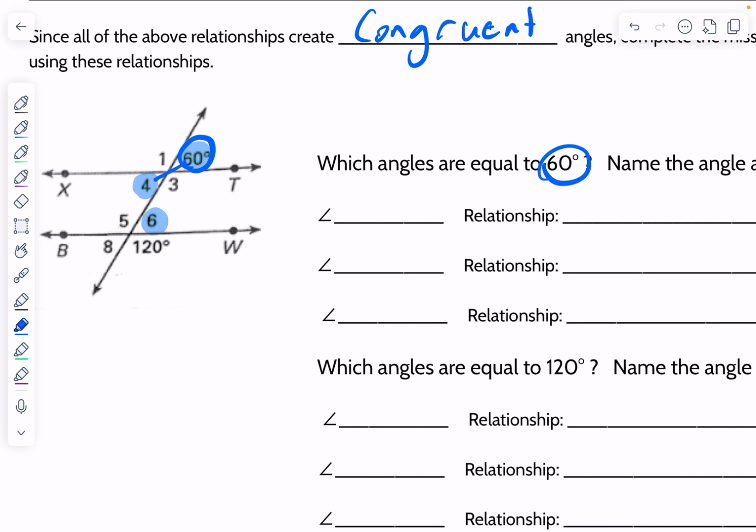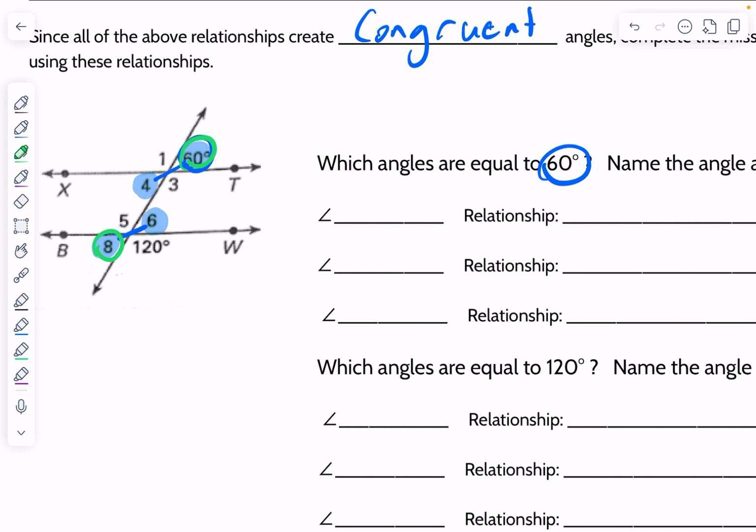Those are also called alternate interior angles. Okay, and we also know angle 6 is vertical to angle 8. Angle 8 is also an alternate exterior angle with the 60 degrees.